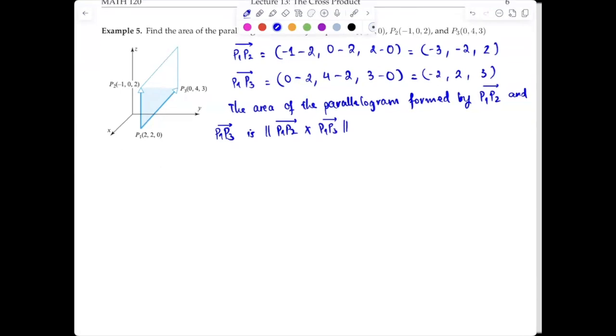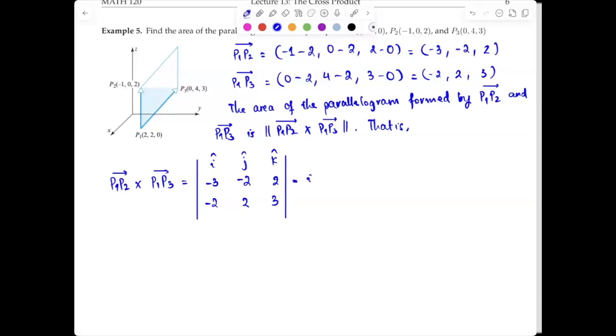Okay, so I'm going to carry out the calculations for the cross product. That means I'm going to apply the determinant approach here: the vector P1P2 crossed with the vector P1P3. So you have a 3 by 3 determinant. The first row is i, j, k, the second row is the entries of P1P2, which is -3, -2, 2, and the last row is the entries of P1P3, so -2, 2, 3.